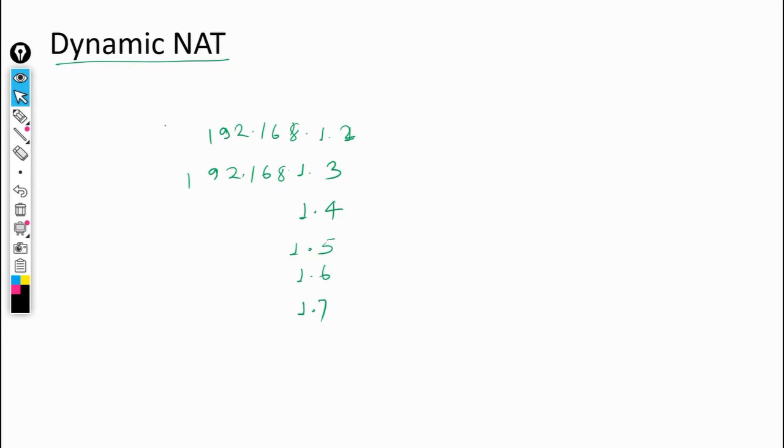It might be the case that these three people work in the daytime in your office and the remaining people work at night. If you are using static mapping, then obviously if that has been mapped to these three IP addresses, the remaining night guys cannot use the internet. The solution for that is dynamic NAT.